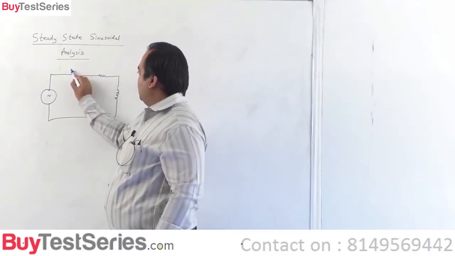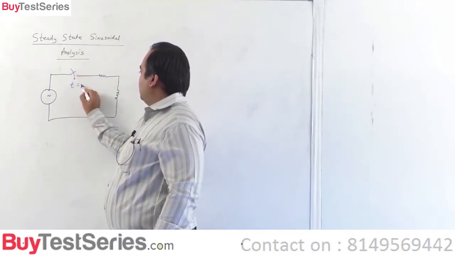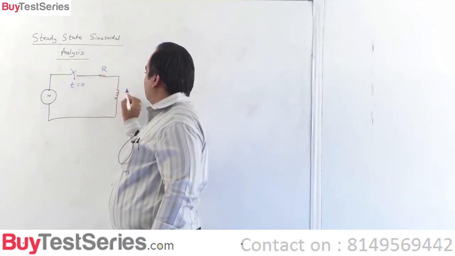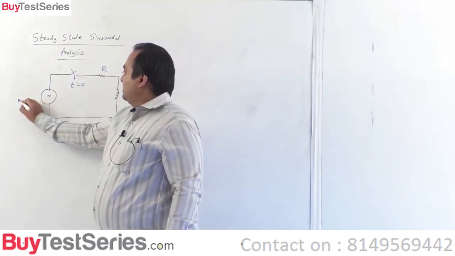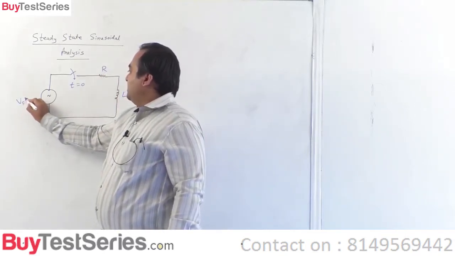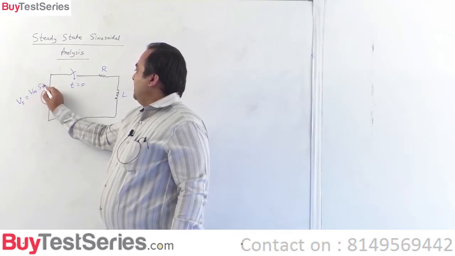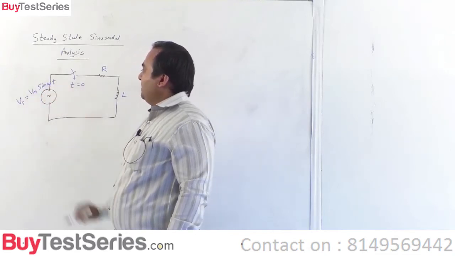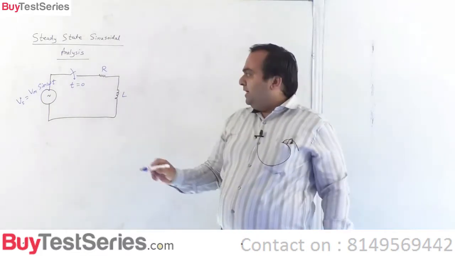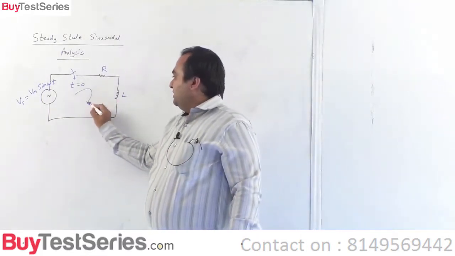So this is Vs is equal to Vm sine omega t. Alright, and this is some current I.